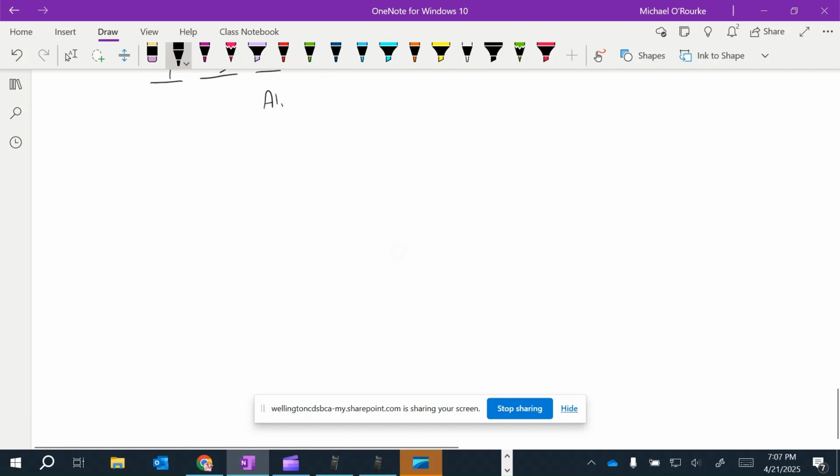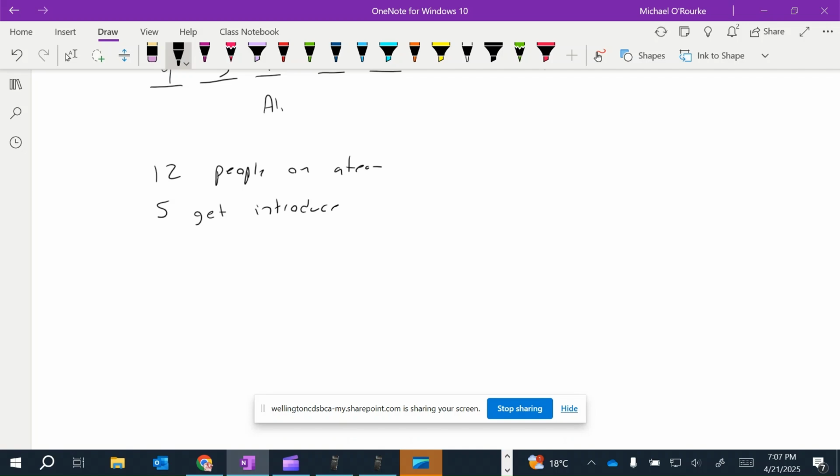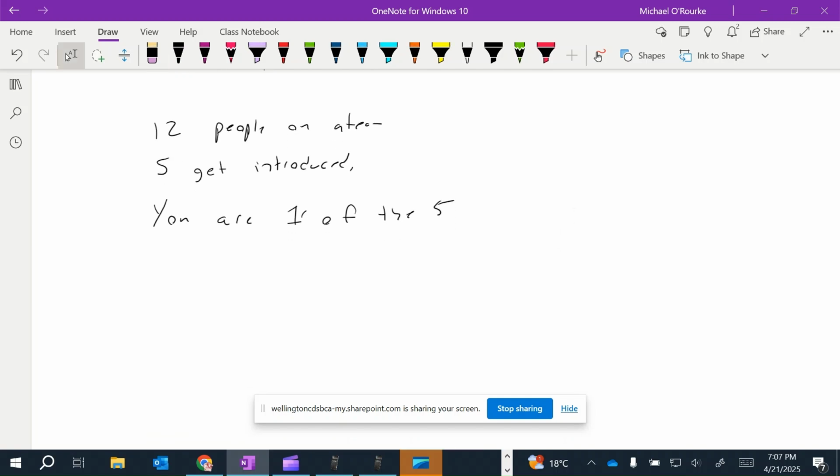How about this one? 12 people on a team. 5 get introduced. You and your friend, let's just say you are one of the 5. You're guaranteed to be one of the 5. How many different orders could we do?